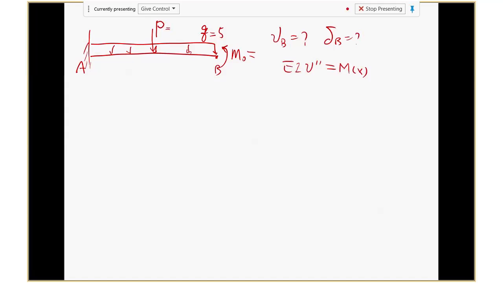If you look at the table, there are many pages. The very first page shows this cantilever beam, so that's the part you need to look for. Don't look for the simple beam for your solution. First, which kind of beam are you looking for? This is a cantilever.